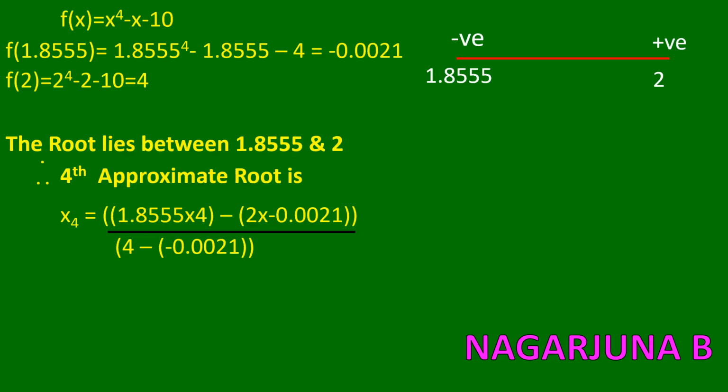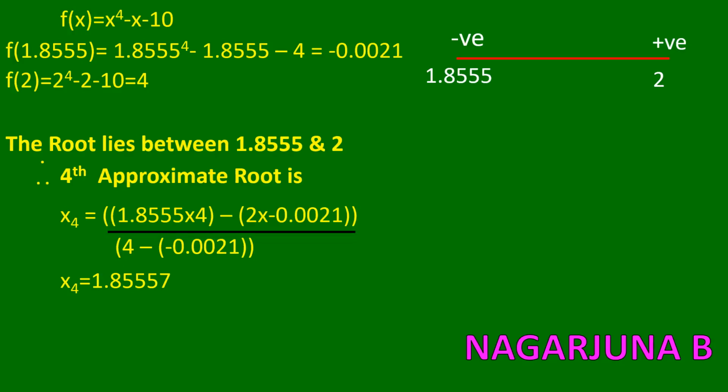I have shown already how to use the calculator to solve this one. Upon using the calculator you will get the answer, and that answer is 1.8557. Again rounding off to 4 digits after the decimal point, you will get 1.8556, because 7 is the discarding digit, and since it is greater than 5 you need to add 1 to the previous digit.